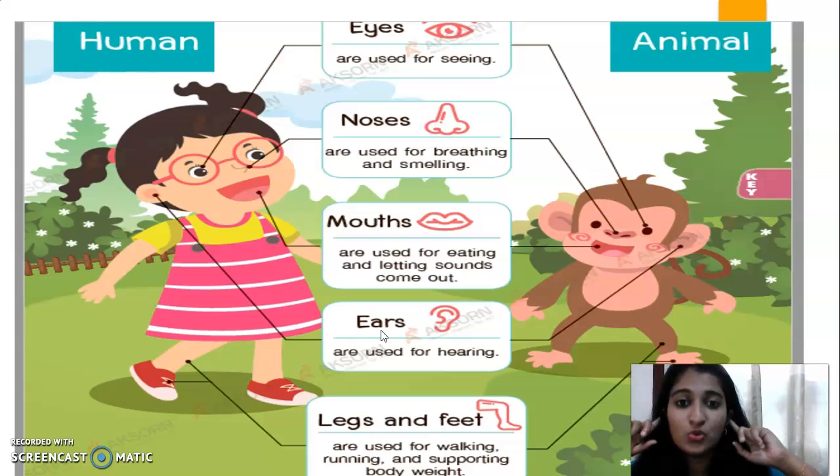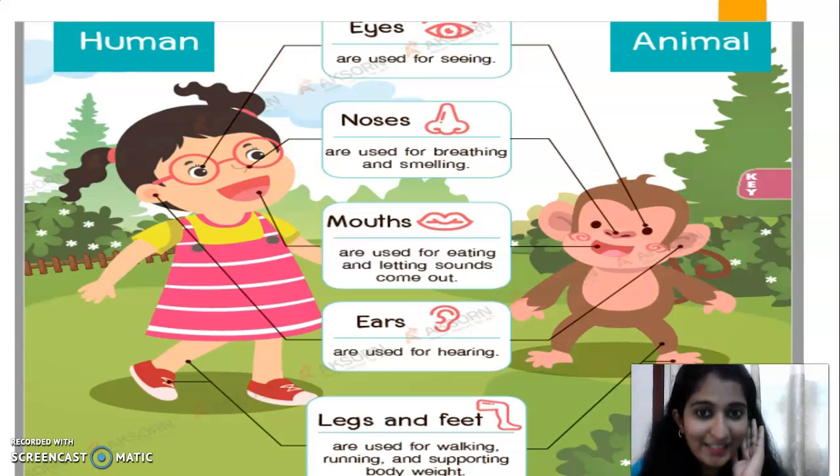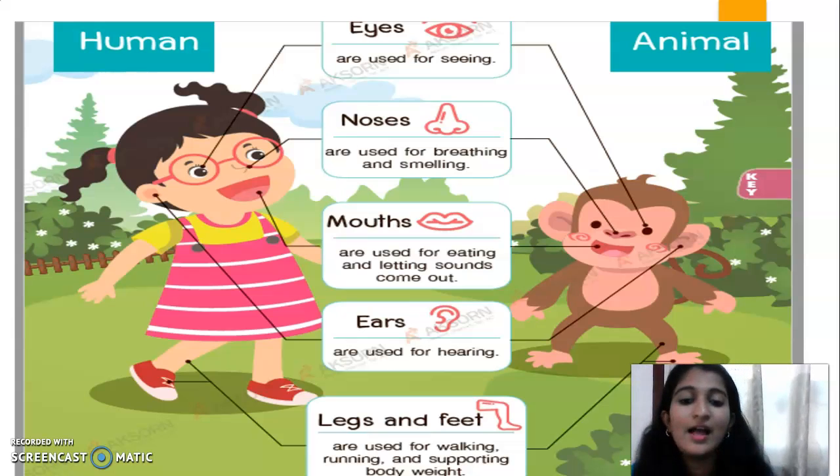Ears. We have two ears. Ears are used for hearing. I am saying and you are hearing. And we have legs and feet. You can see the monkey's legs and feet are used for walking.